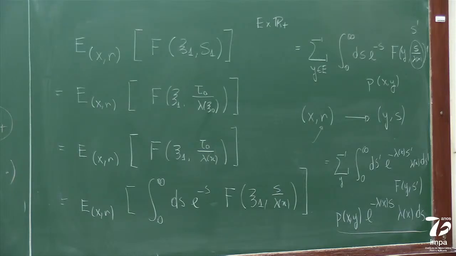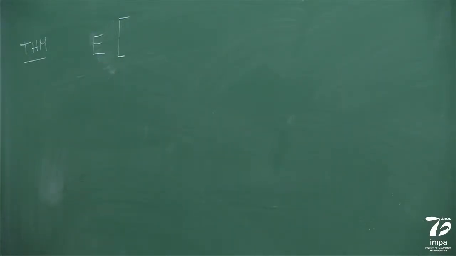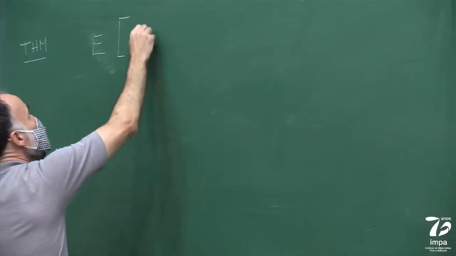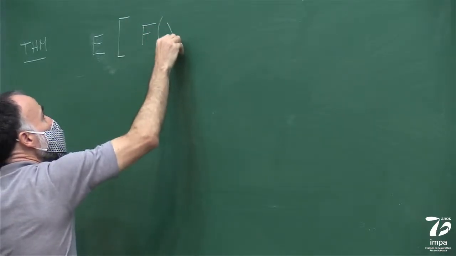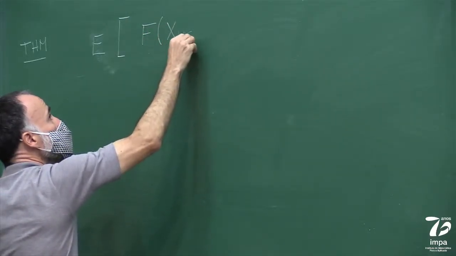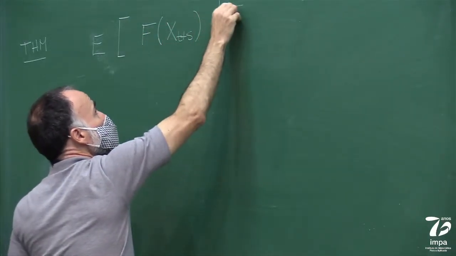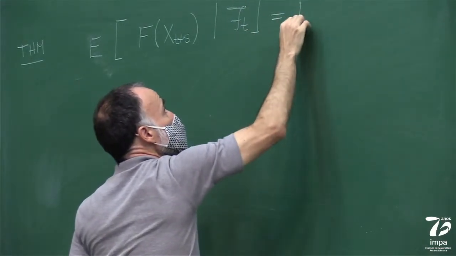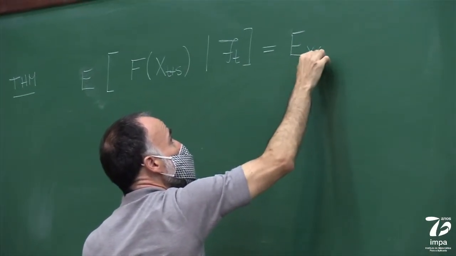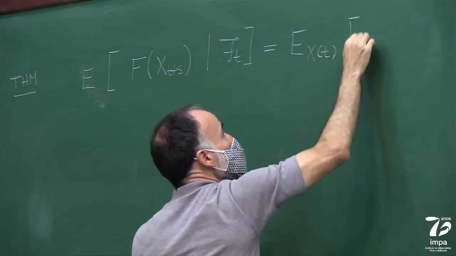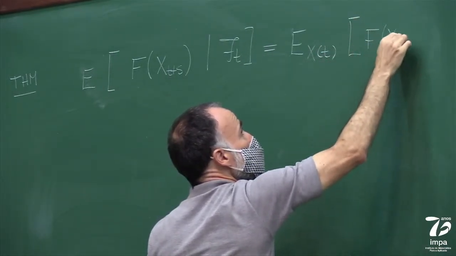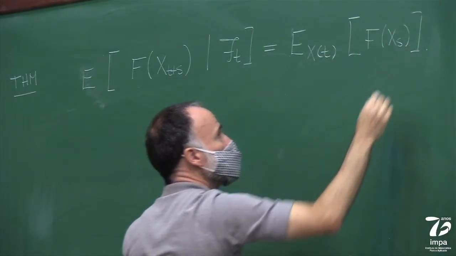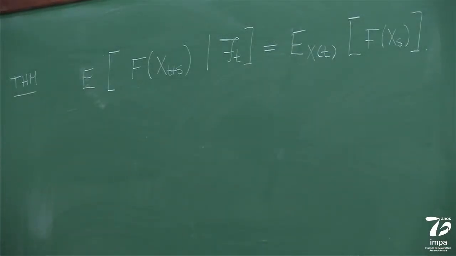Turn to the proof of our theorem, which I remind you is to show that this process is Markov. So I want to compute the expectation of f of X_{t+s} given F_t. And I claim that this is the expectation of f of X_s started at X_t.